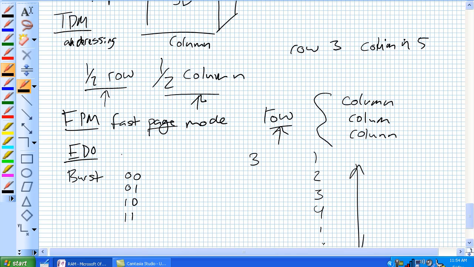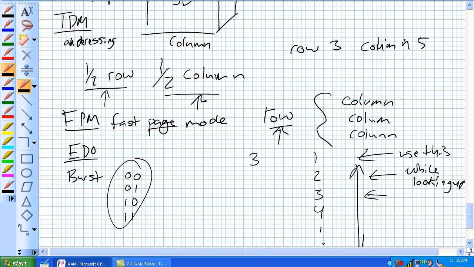EDO is extended data out, very similar to fast page mode, but it allows the data from, let's say, this column to be used while you're looking up that one. So it's just like FPM, except you can use data while you're looking up the next one. When you're looking up 3, you can use 2. When you're looking at 4, you can use 3.